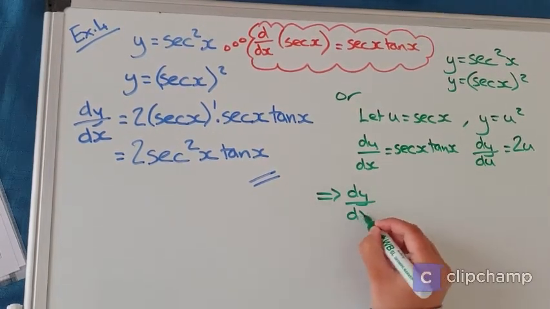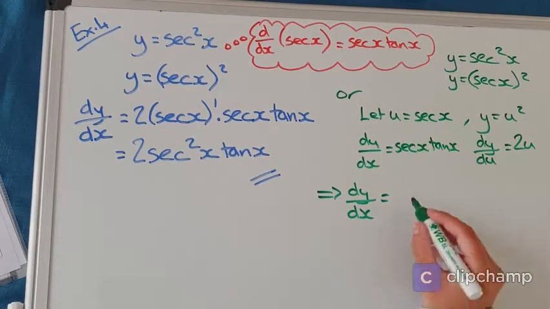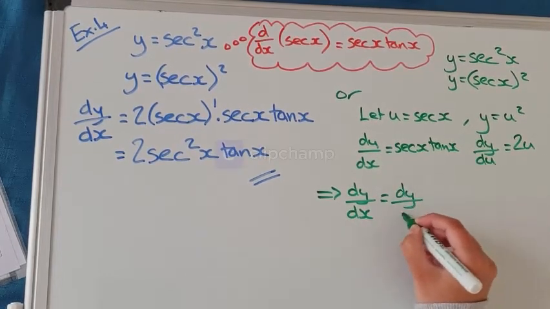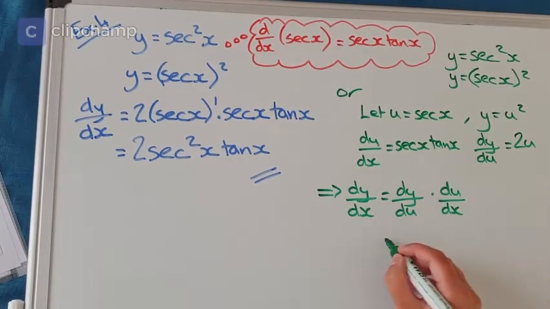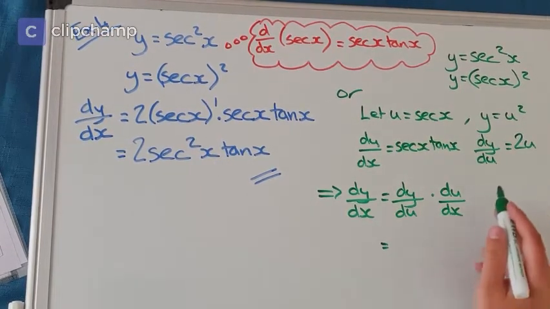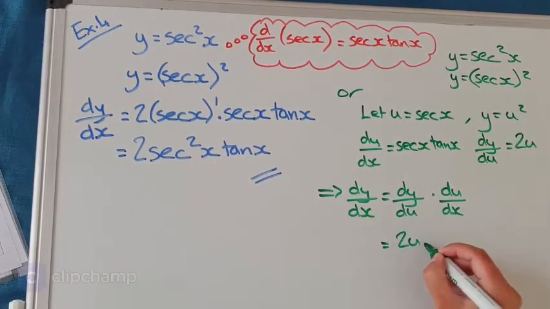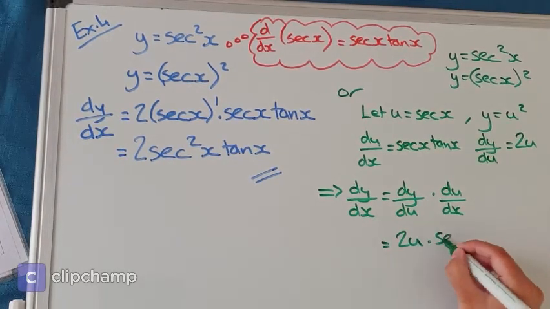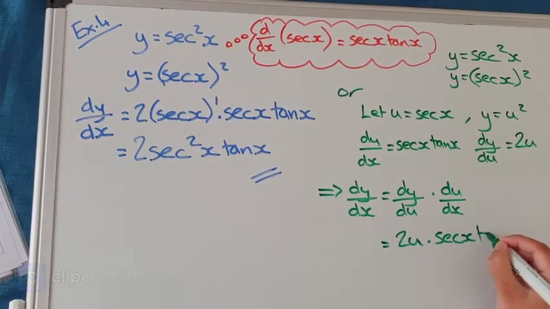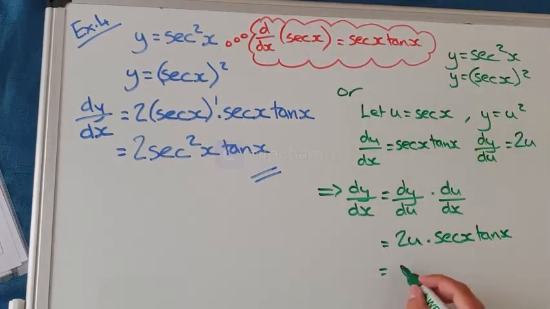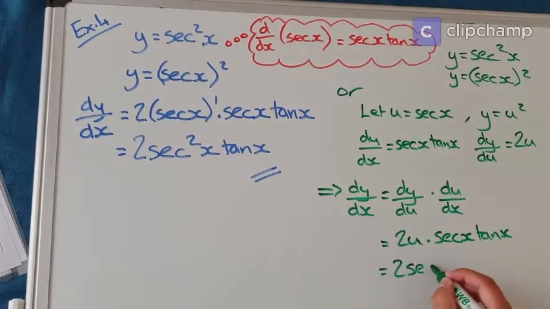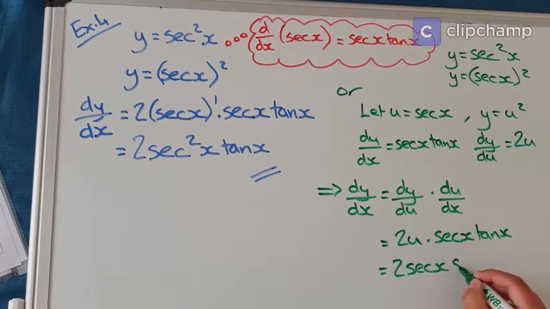Okay, so I bring up my formula. dy by dx is equal to dy by du multiplied by du by dx, which gives us 2u multiplied by sec x tan x. And I know that u was sec x, so I get 2 sec x.